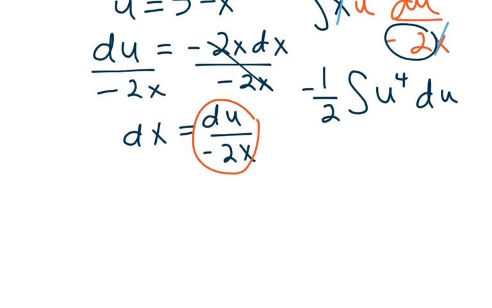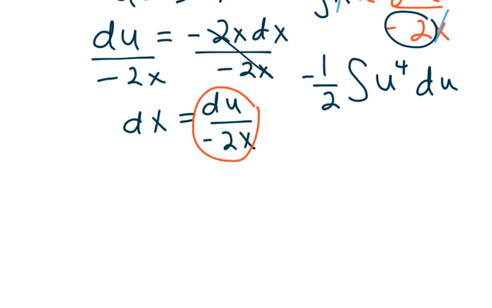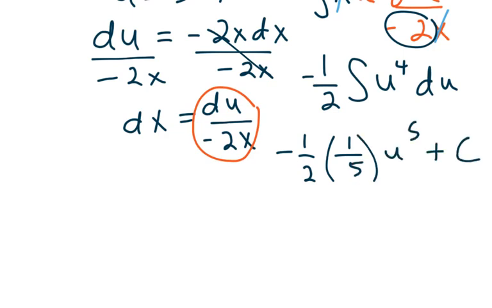which is much easier to deal with. So we're going to use the power rule, so it's negative 1/2 times, and if I multiply that, it's going to be 1/5 u to the 5th plus some constant. So really it's negative 1/10 u to the 5th plus a constant. Just like before, we're going to go back and write down what u was.